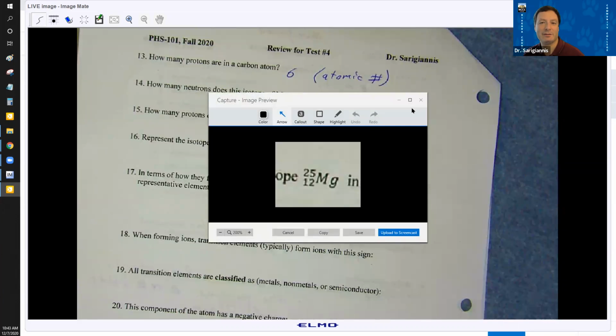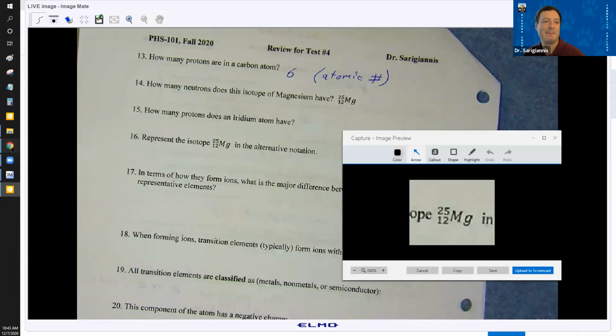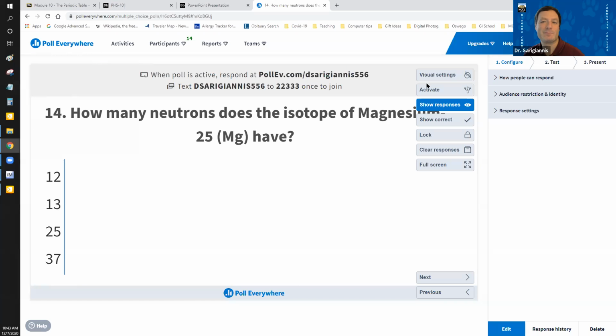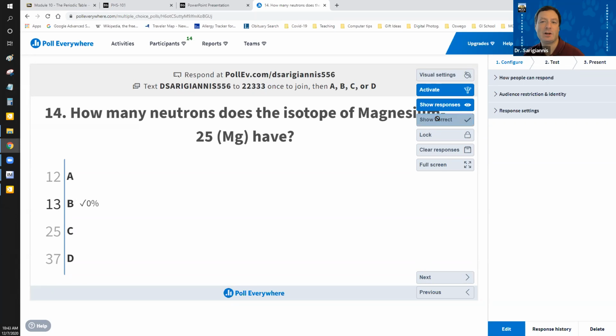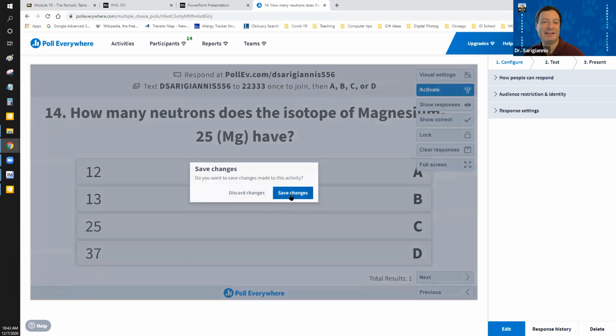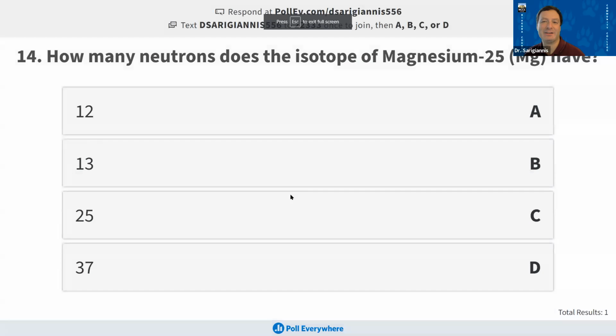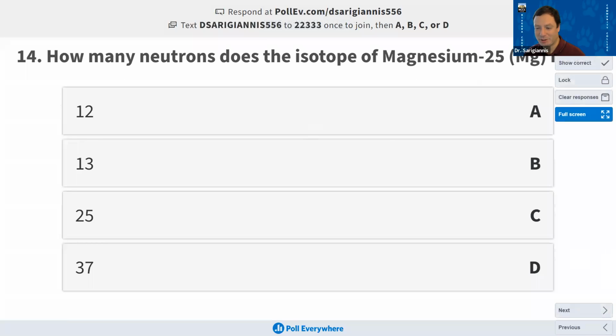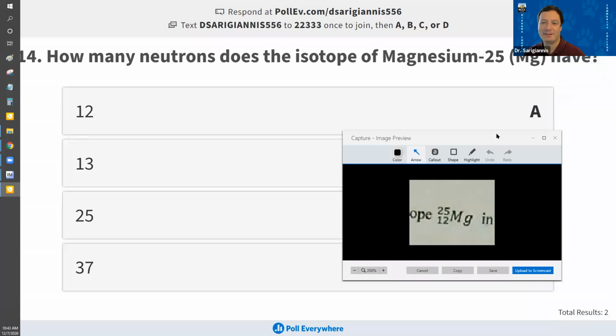I can. Full screen. All right. What do you mean save changes? Whatever. This is active.